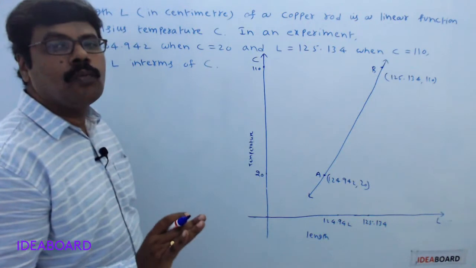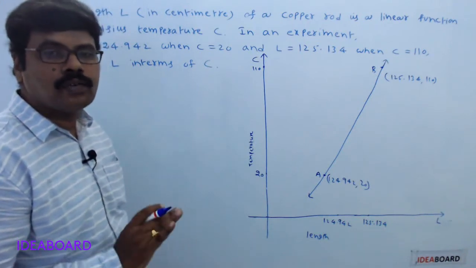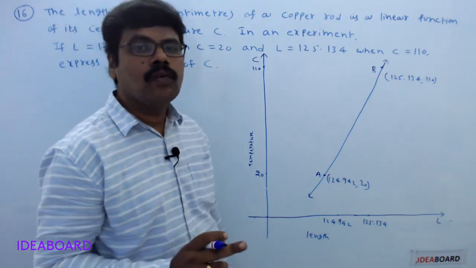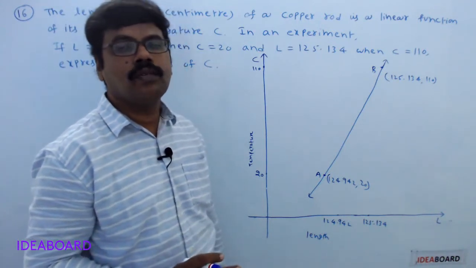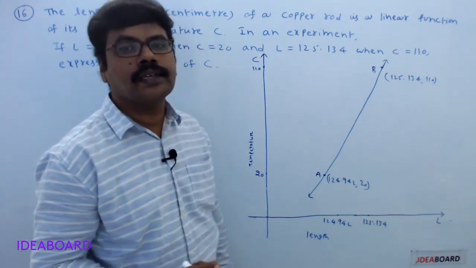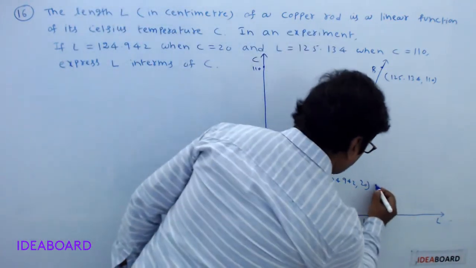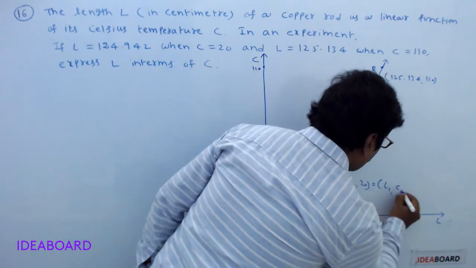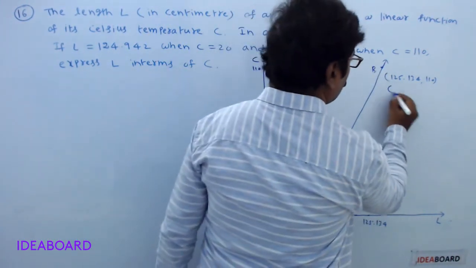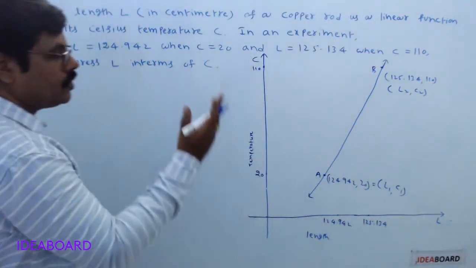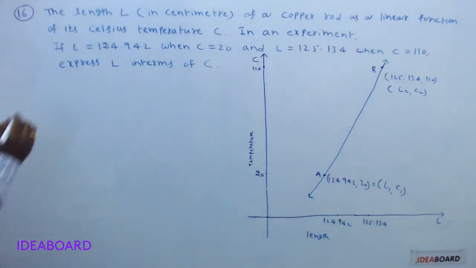So use the two-point form formula. What is the two-point form formula? y minus y1 equals (y2 minus y1) divided by (x2 minus x1) into (x minus x1). Now denote this point's coordinates with (L1, C1) and this point's coordinates with (L2, C2). Now use the two-point form formula.